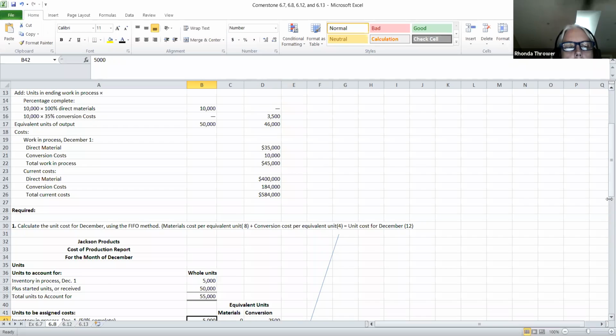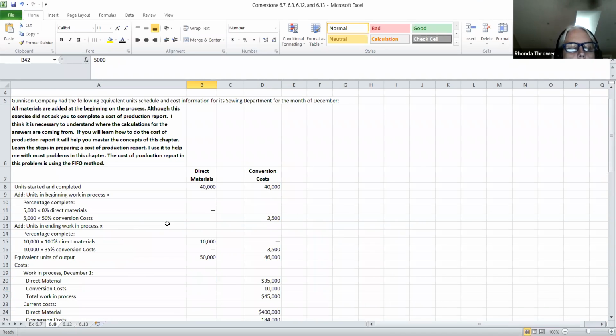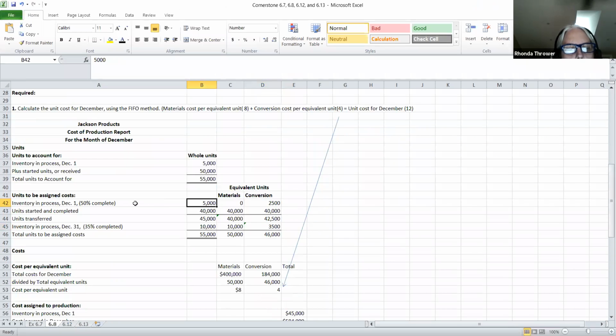Now they told us that the beginning inventory was 50% complete with respect to conversion cost. So 50% of 5,000 is how I would come up with the conversion units. So 50% of 5,000 is 2,500.